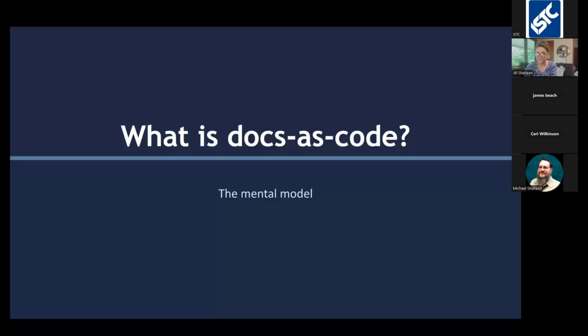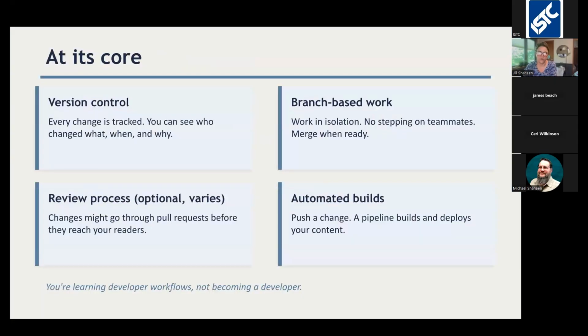So what is Docs as code? The whole goal of Docs as code is having version control to track changes and see who's changing everything, to allow people to work in their own branches, their own copies of the documentation, without stepping on each other, and to have control over that process so that we're not overwriting people's work.